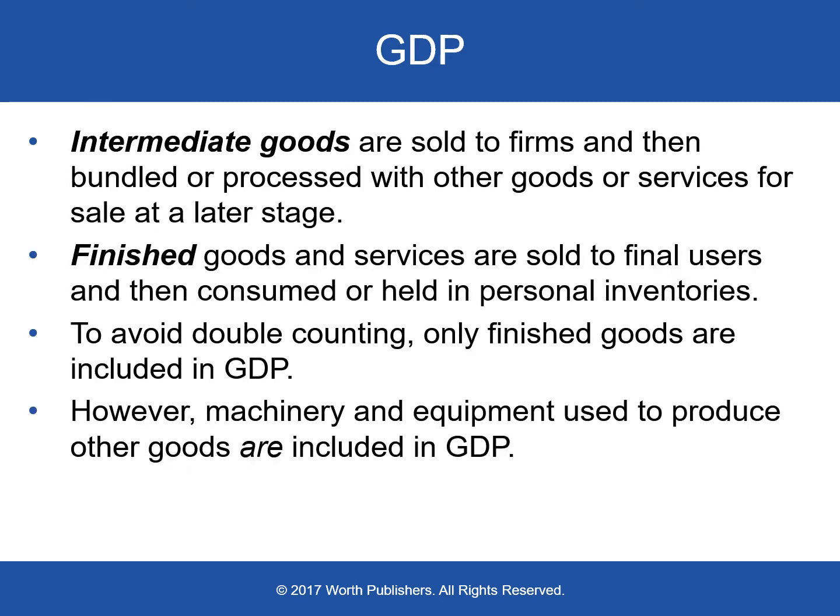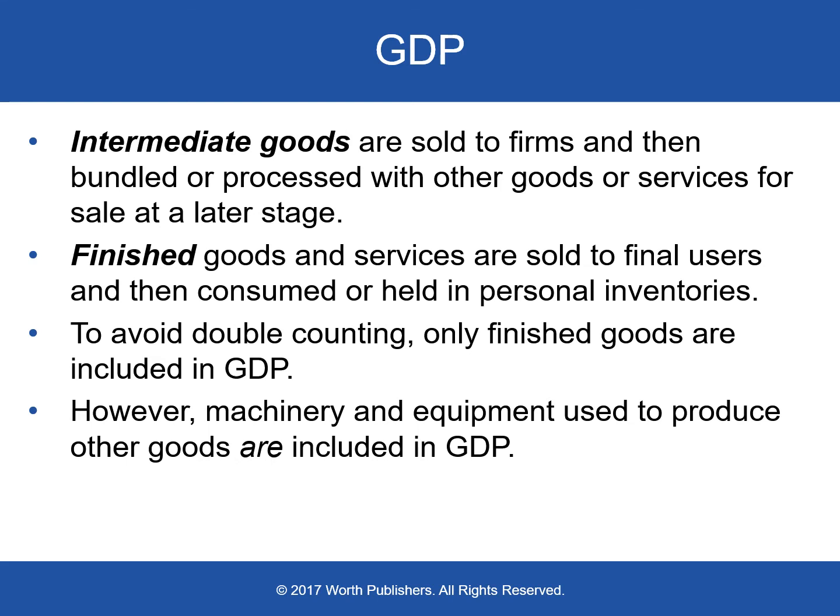So an intermediate good is a good that's sold to a firm or whoever the final seller is, and the intermediate goods are mixed together, bundled, processed, and they generate ultimately the final good or service. And the final good or service is called the finished good or service, sold to the final user, or held in personal inventory. So you can produce a good and the user buys it, but just keeps it, doesn't do anything with it.